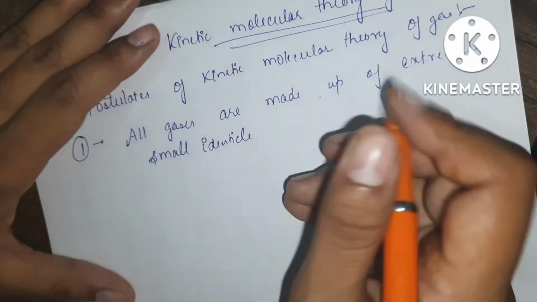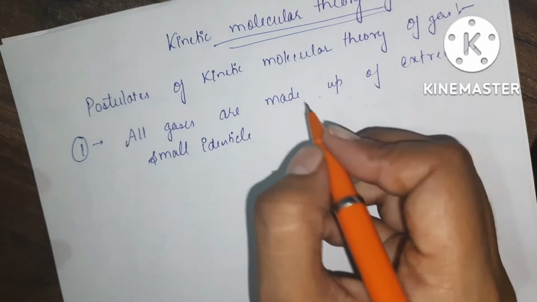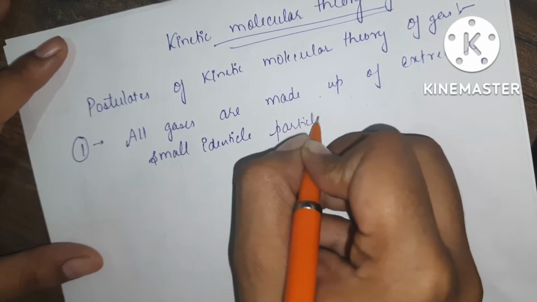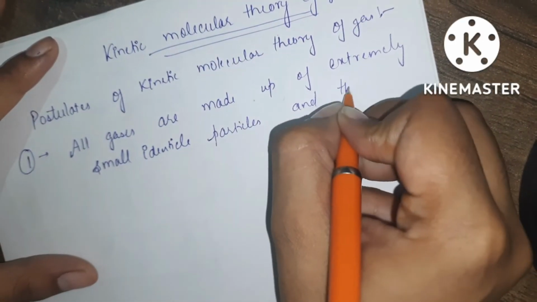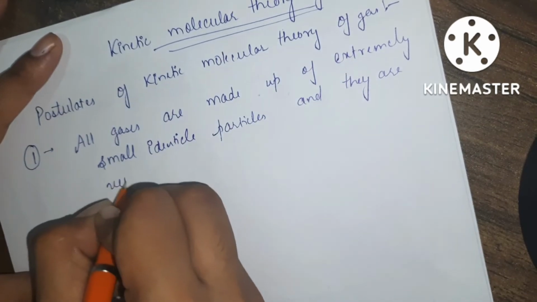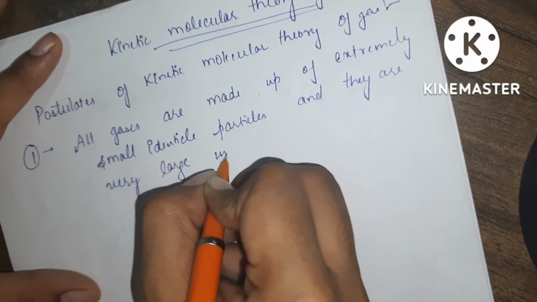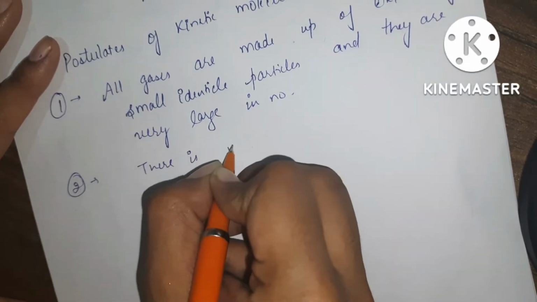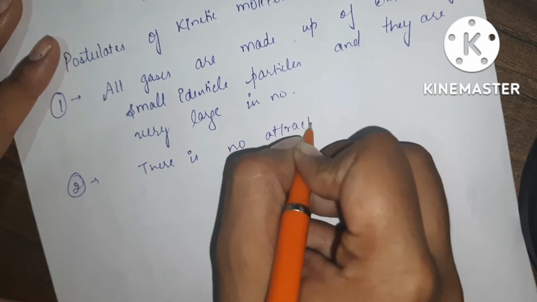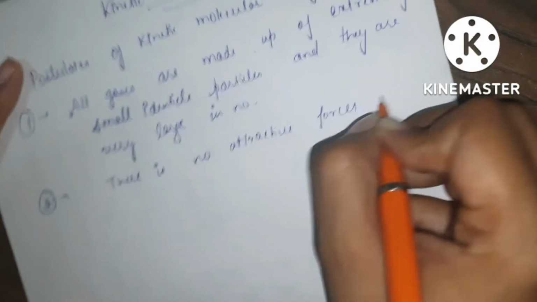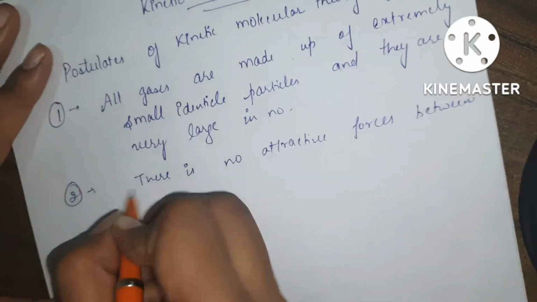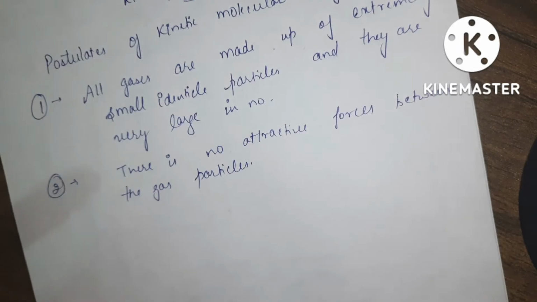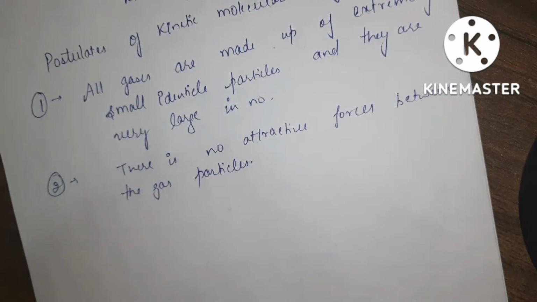Means the gas particles are so small in nature that you can't see them, and they are very large in number. Second, there are no attractive forces between the gas particles.